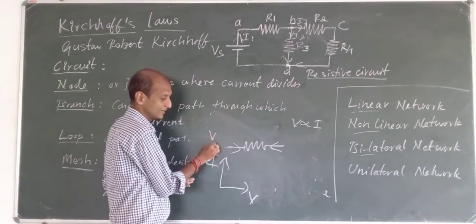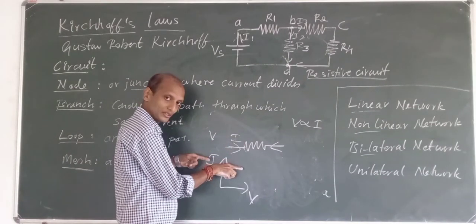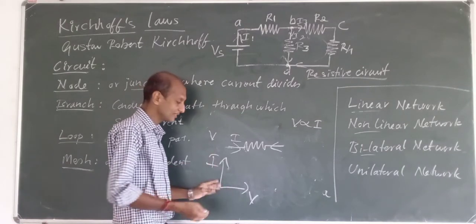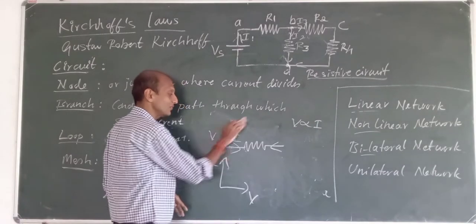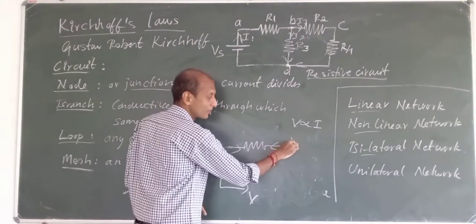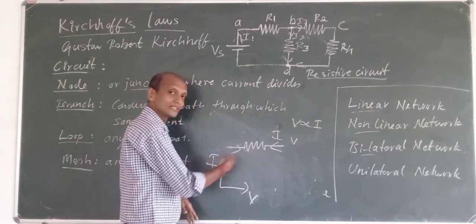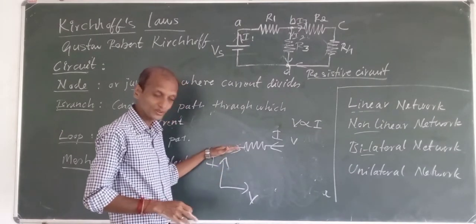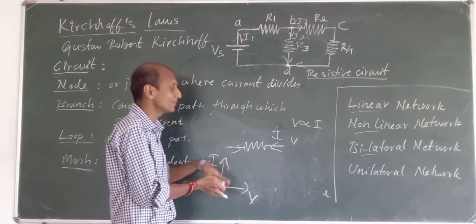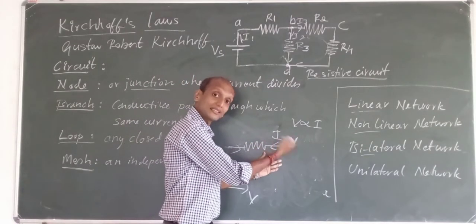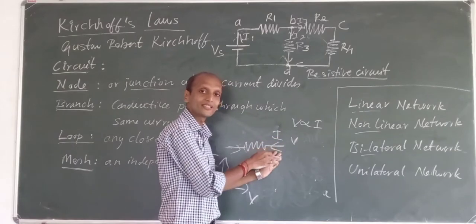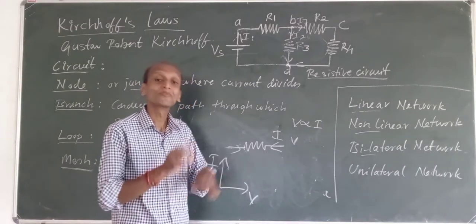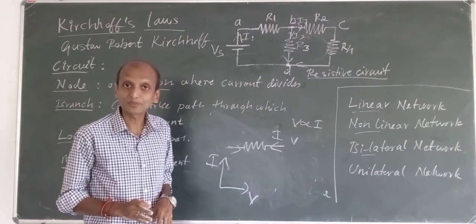If I apply some voltage in this direction and current I flows, and I plot the VI characteristic graph, then the relation is the same as if I apply voltage in the other direction and current flows that way. Both sides of the network should give the same current and voltage relationship.